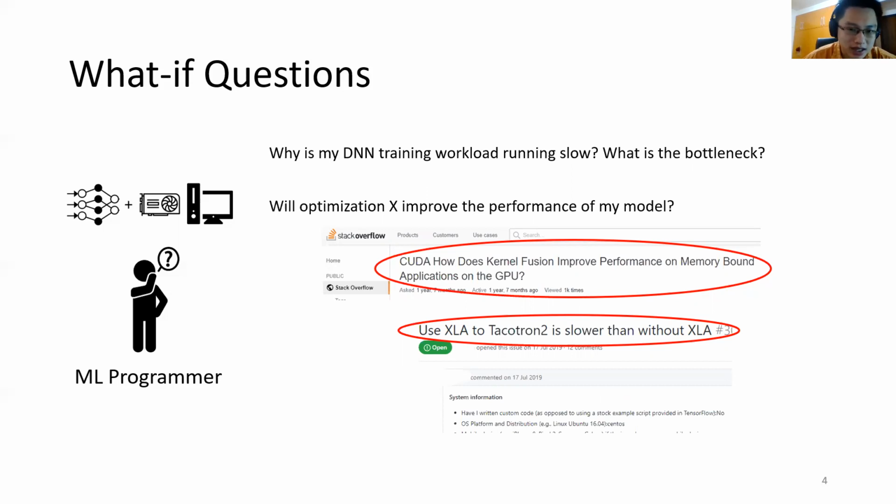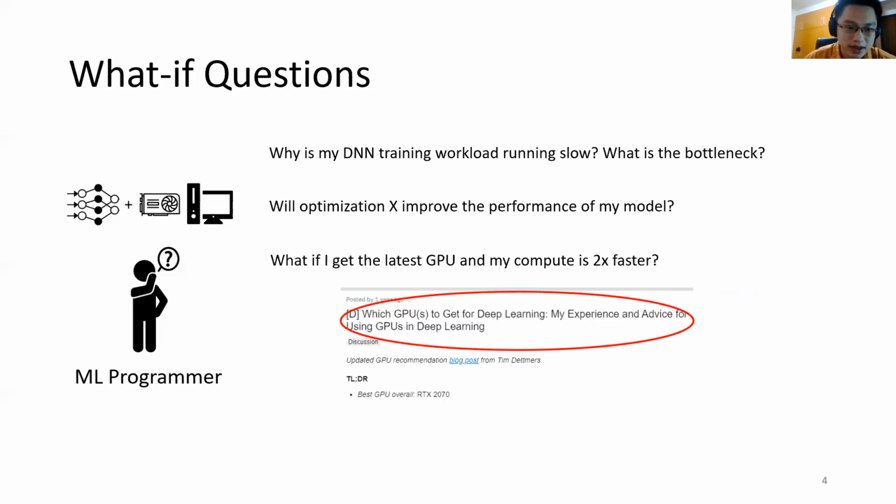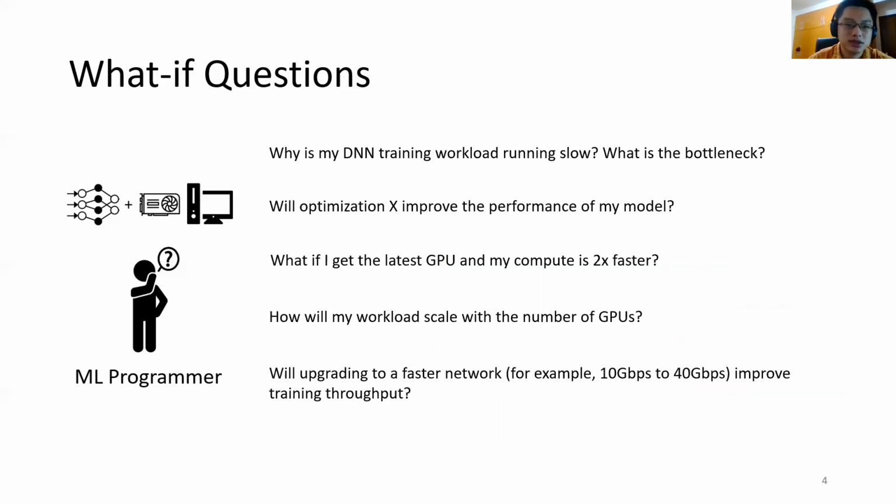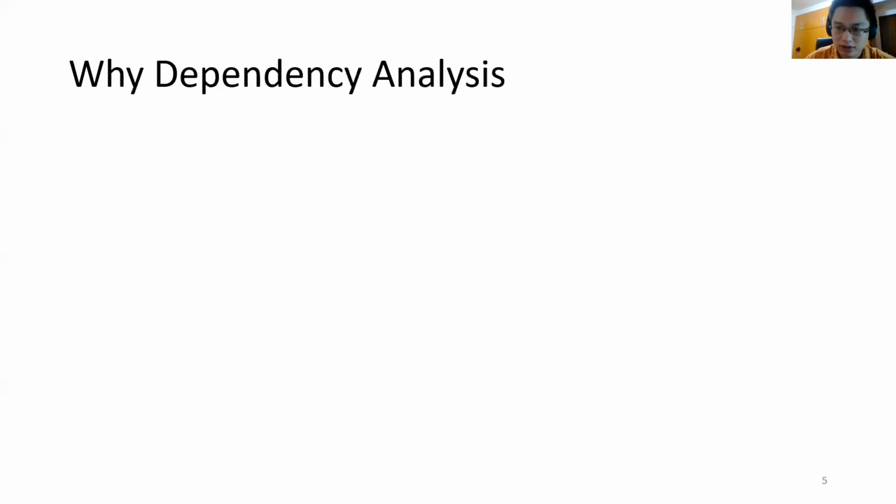How well will that improve the performance? And what if I get the latest GPUs and my compute is 2x faster? Or how will my workload scale with the number of GPUs? Or what if I upgrade to a faster network? How would that improve the training throughput? Answering these questions is not easy because you often have to spend time on implementing and debugging certain optimizations, or you need to pay for some extra compute power.